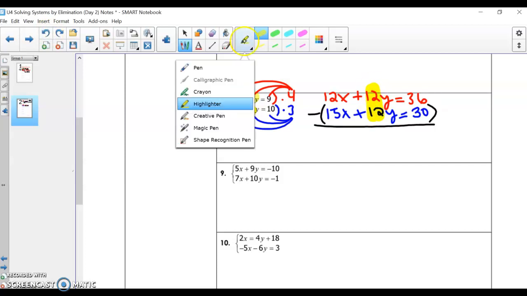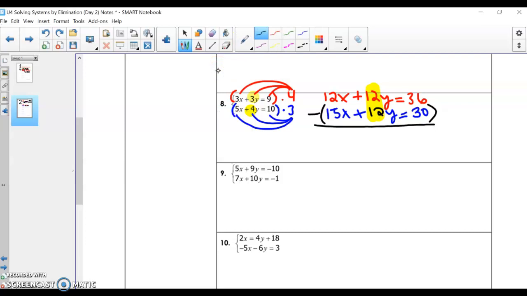So the 15 is going to be negative, the 12 is going to turn to a negative, and the 30 is going to turn to a negative, alrighty? Then when I do my math, 12 minus 15 is going to give me negative 3x. My 12s are going to eliminate, and then 36 minus 30 is going to give me 6.